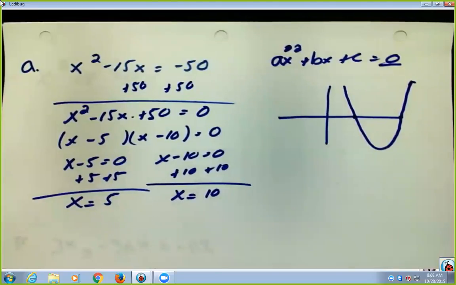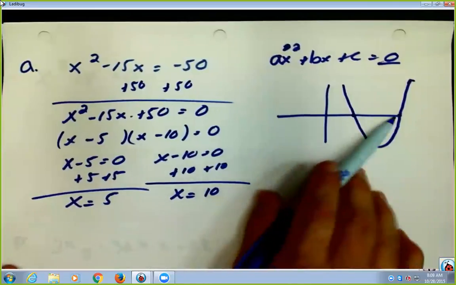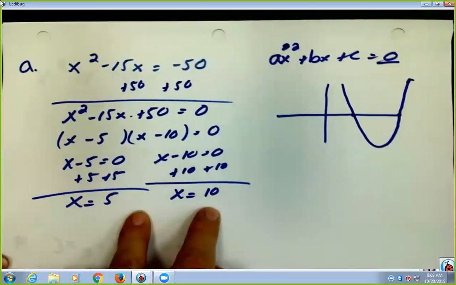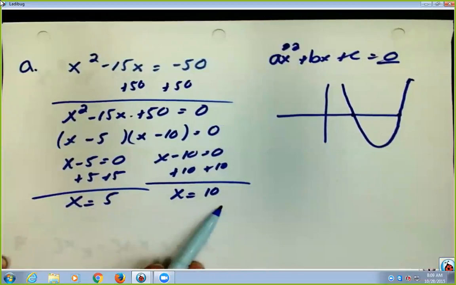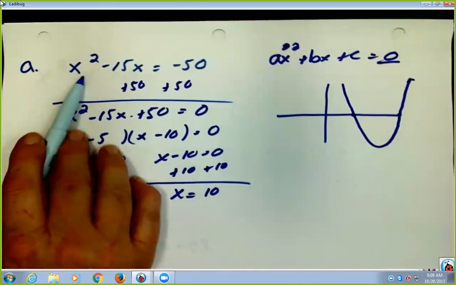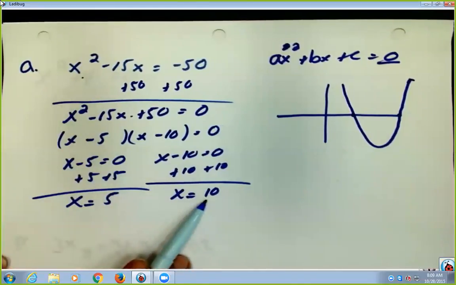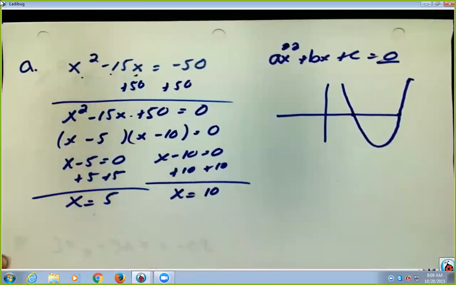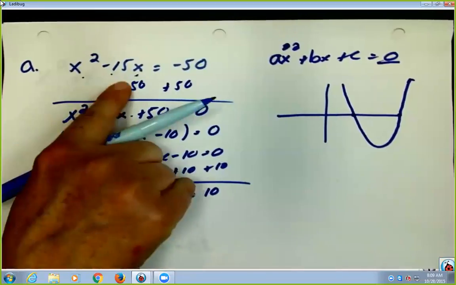Later on, when we have parabolas and we're going to work with those, we can end up finding out where those x-intercepts happen to be. Do you think we're good with this piece? So plug it back in. 5 squared is 25, and 15 times 5 is 75.